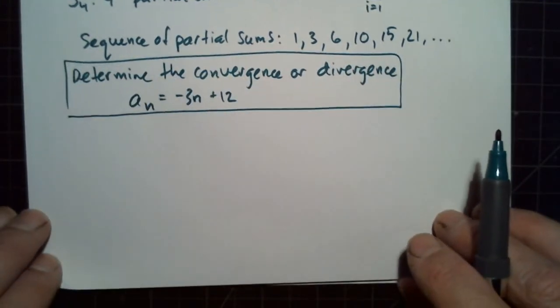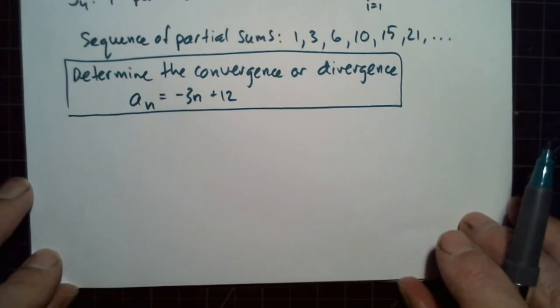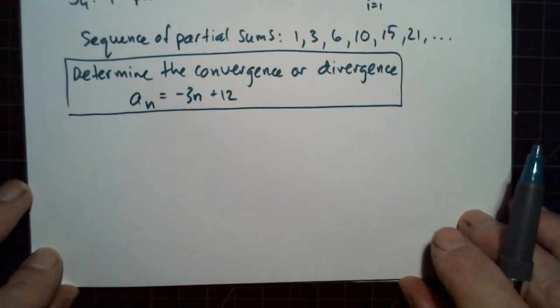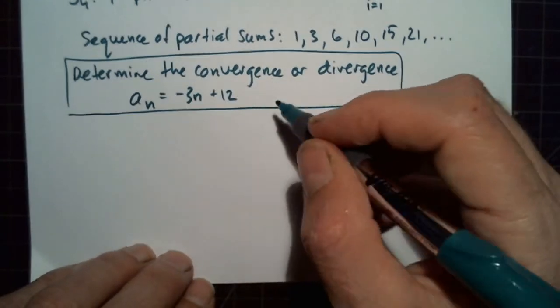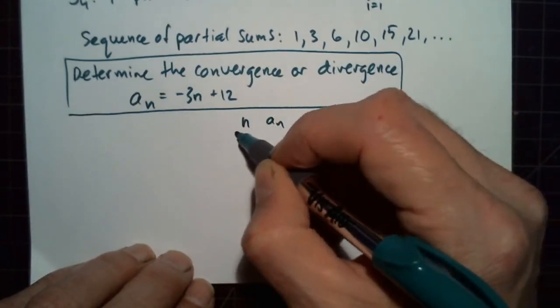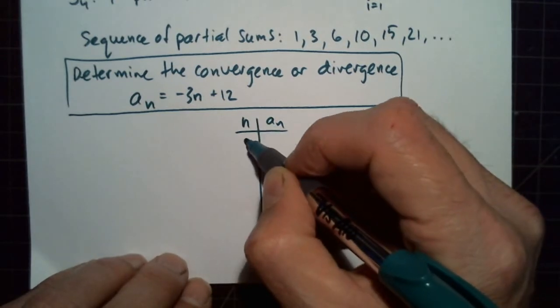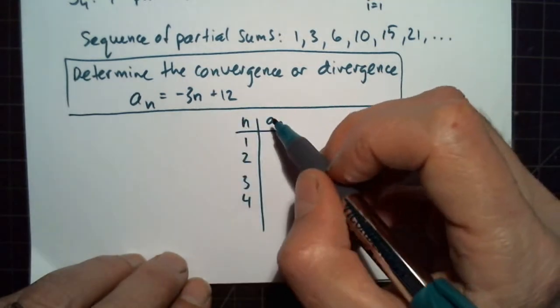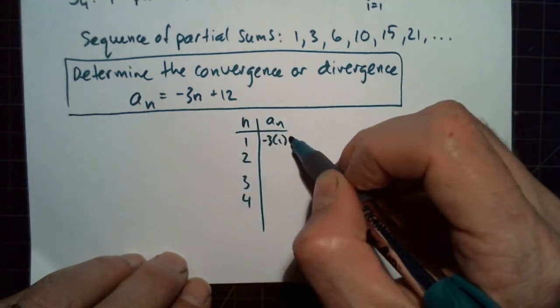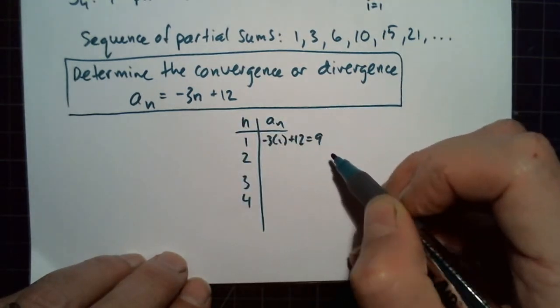Determine the convergence or divergence of the sequence. So here we're not talking about a sum, it's just a sequence, and we're going to look at what it means to converge or diverge. So we can make a table. And we're going to plug in a 1. So negative 3 times 1 plus 12 equals 9.